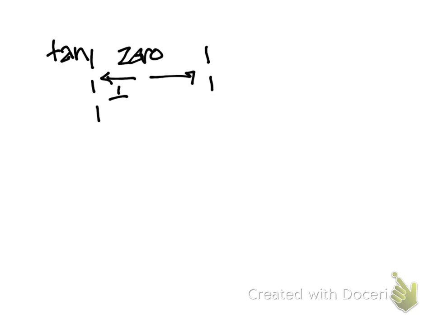Last thing, I kind of wanted to sum up really quickly. So for tangent, we start with our 0, right? And then you put your asymptotes on either side, and that's half of the period, each of those. And then you use your fake amplitude to decide how many up or down you go.